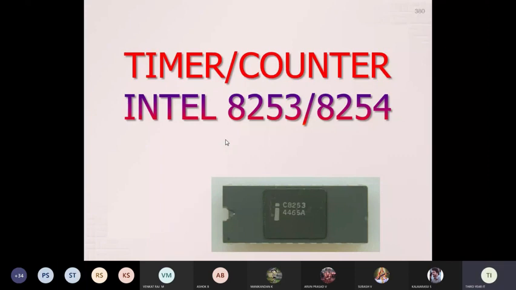So for example, let's take a physical example. Take a running race. There is a certain distance. We have a timer. How will the winners be announced?